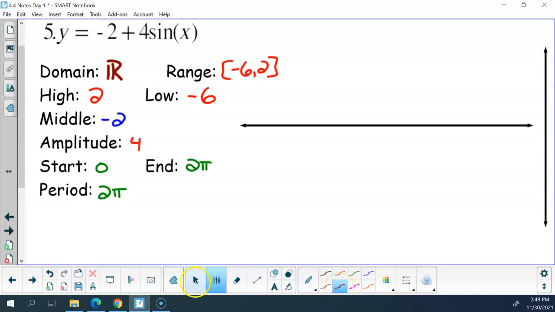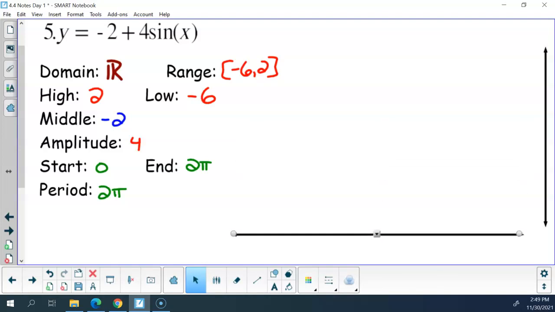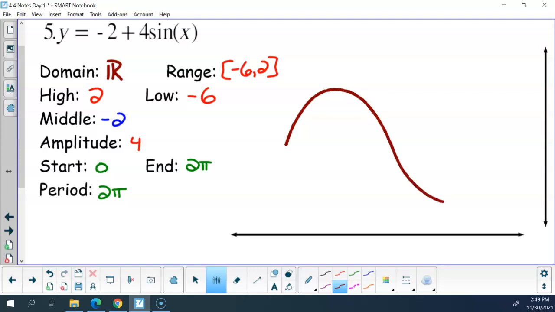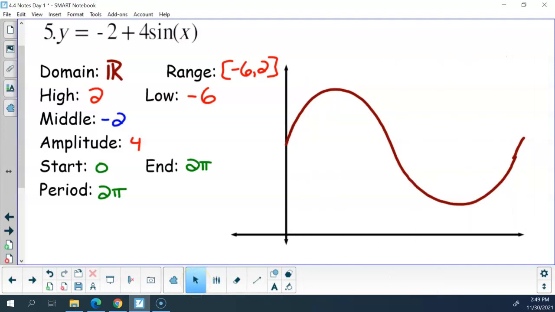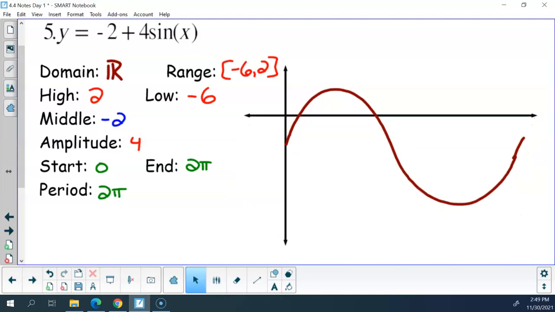So, this is a sine curve, correct? So that means we're going to start in the middle, up, down, middle. Halfway. Good there. But now my x-axis is going to come up actually.